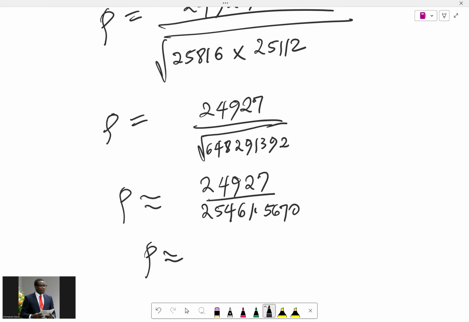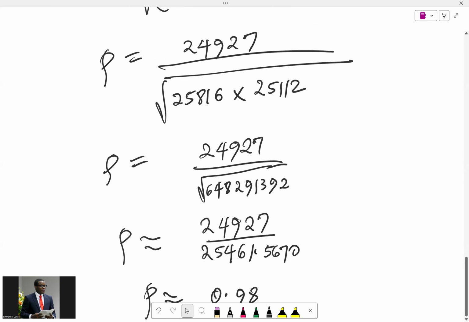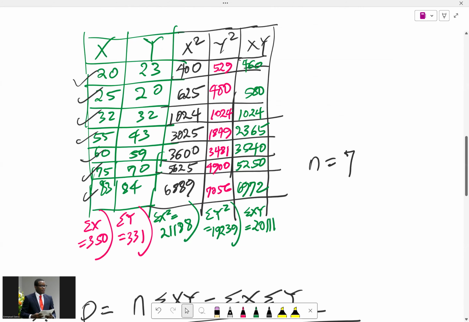So that is approximately 0.98. Of course, that shows a strong correlation, meaning that as X increases, Y also increases.